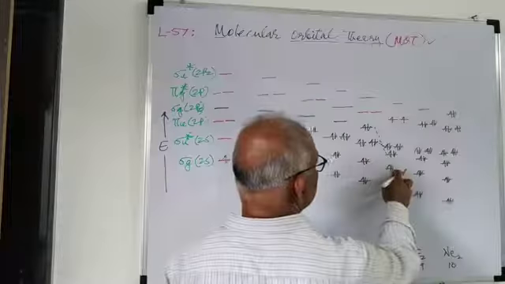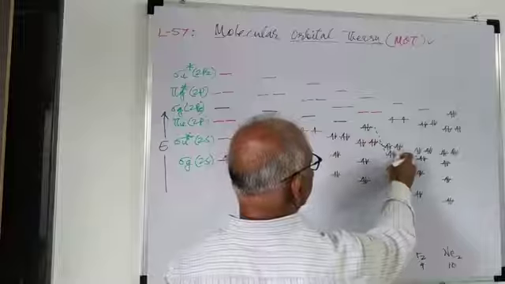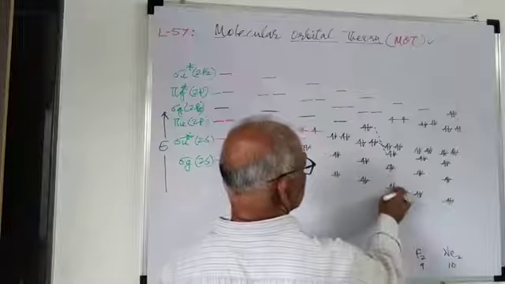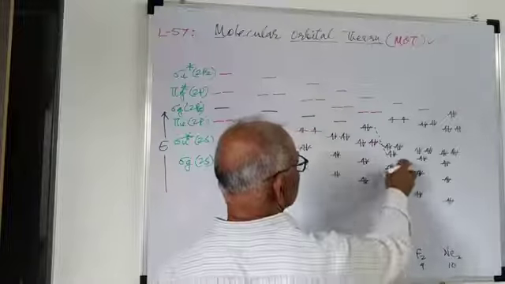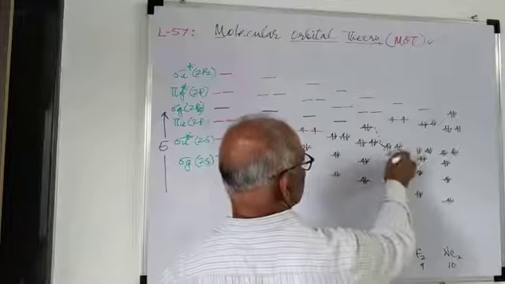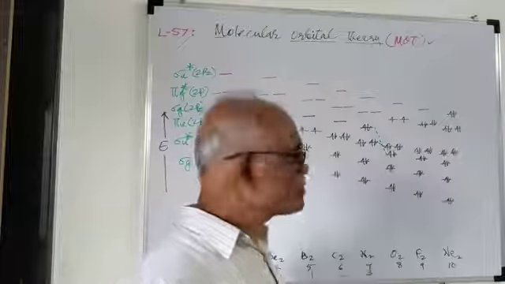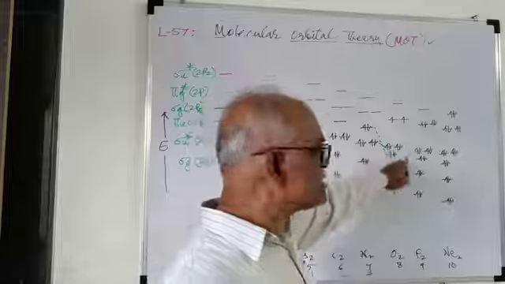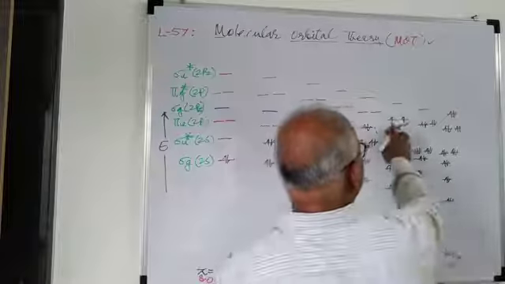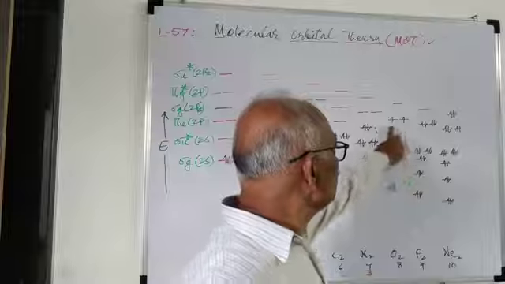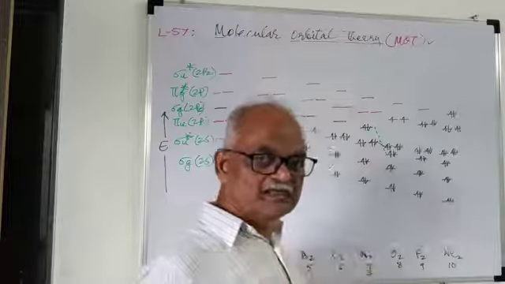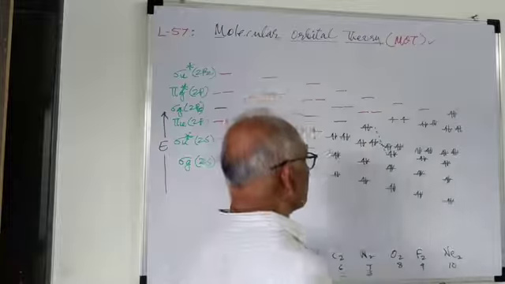Oxygen, you will find that the bonding effect is cancelled by this, and there the bonding electrons show formation of 3 bonds, but out of these 1 bond is cancelled because the 2 electrons are present in the antibonding molecular orbital of pi nature.